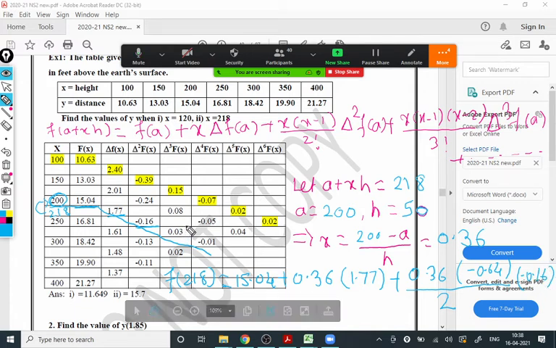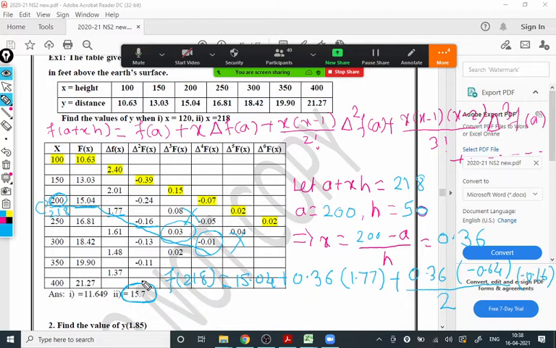Now I'm not going to do the calculation with these two terms because they are negligible, very small. So with these three terms, you will get the answer 15.7 only. Is that clear? How to get that f of 218?